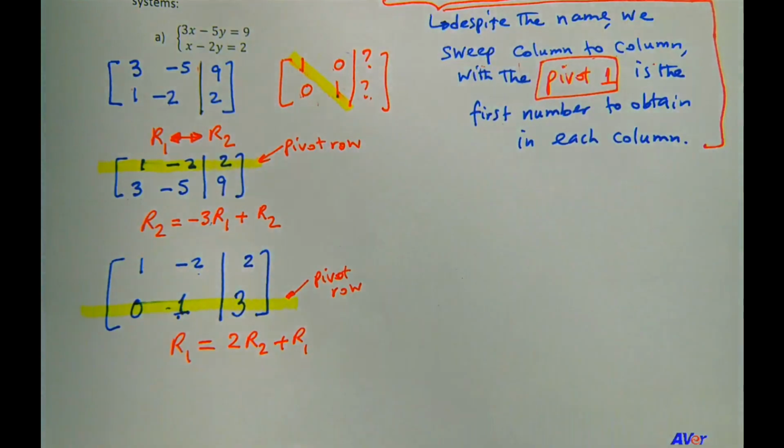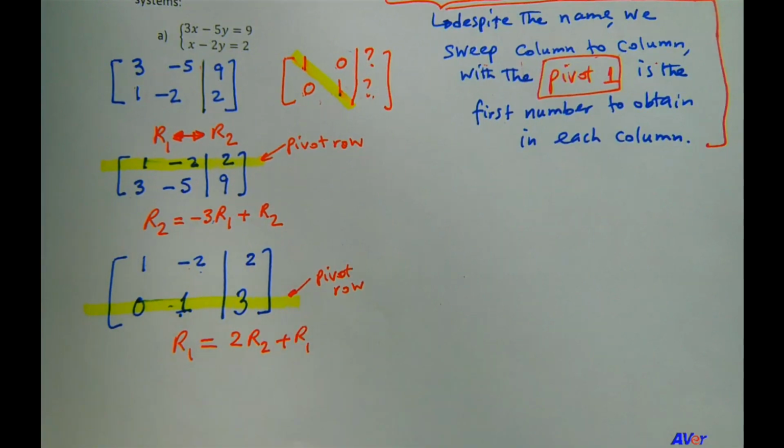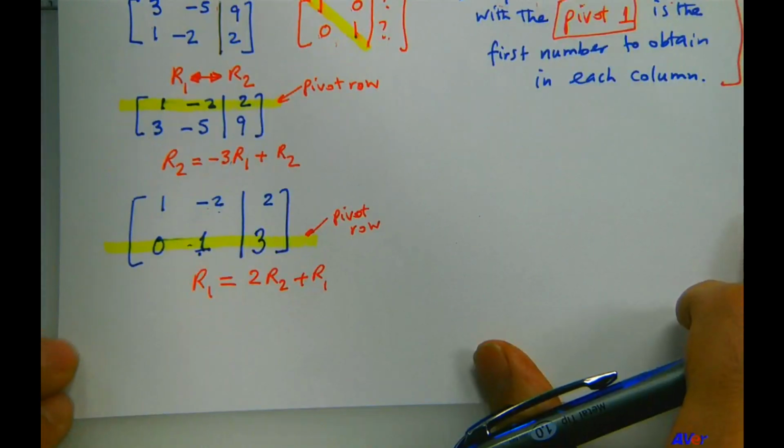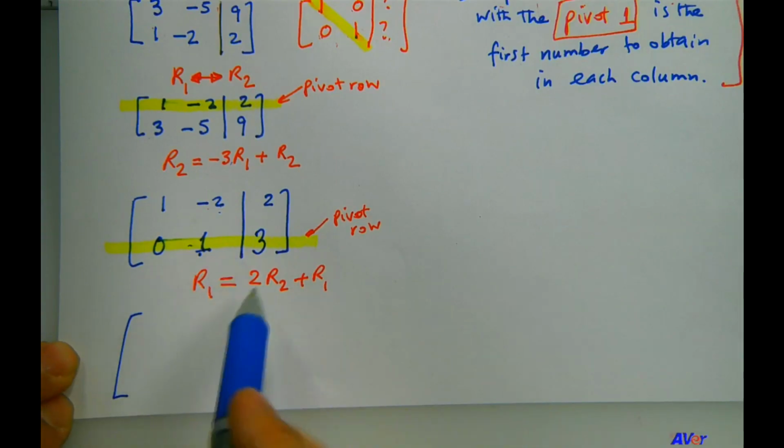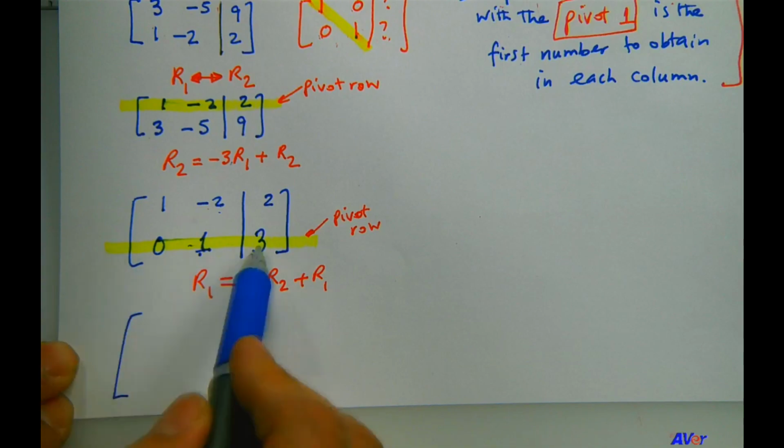If we multiply the second row by 2 and add it to row 1, we're going to get a 0 in that spot. Let's do it. I'm going to do that right underneath because there's enough room, fortunately. Twice the second row plus row 1.